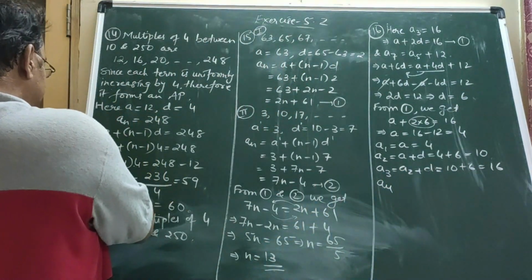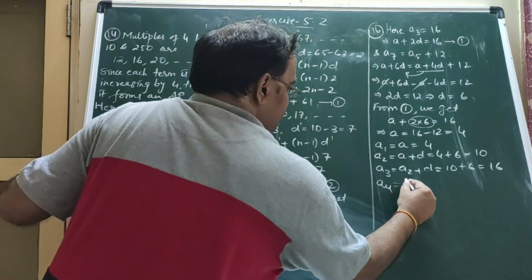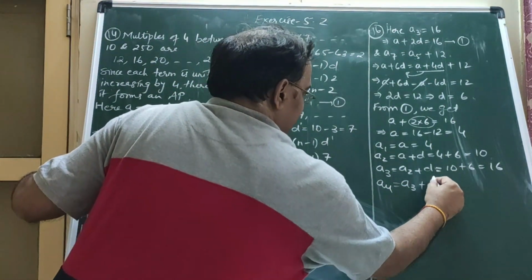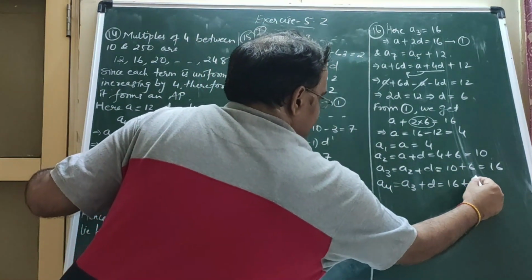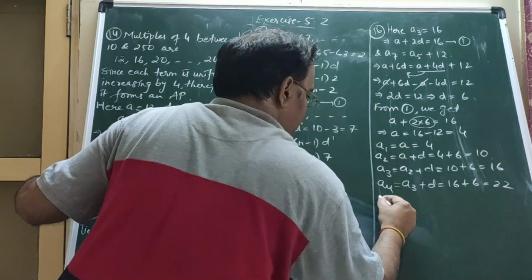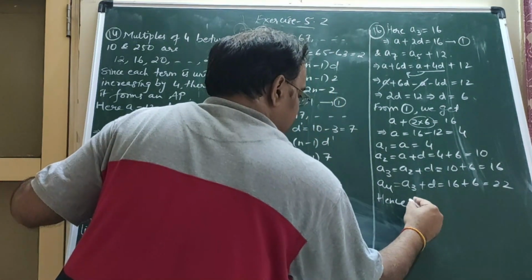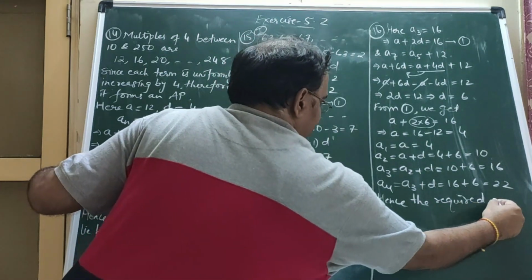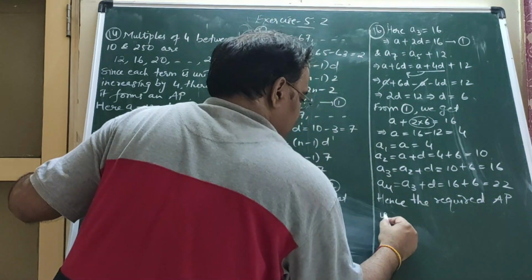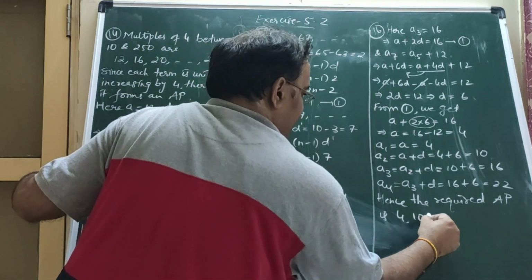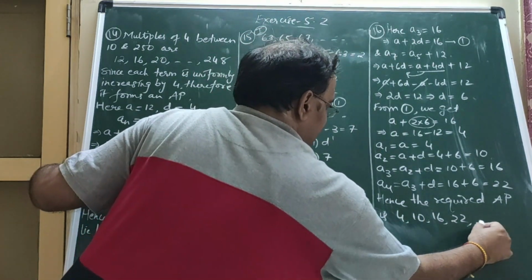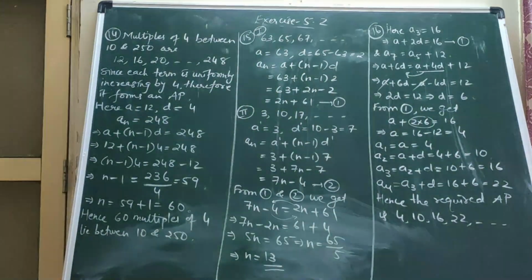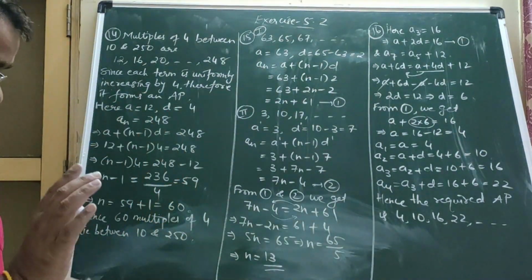And fourth term A3 plus D, that is 16 plus 6 is equal to 22. Hence the required AP is 4, 10, 16, 22, and so on. Okay, so 16th question हो गया.